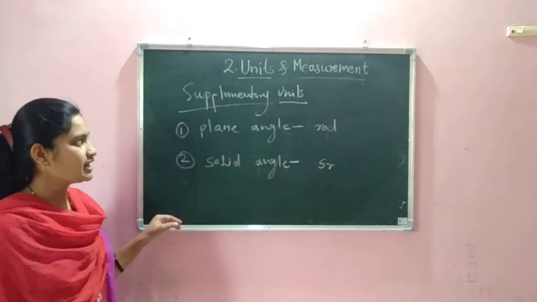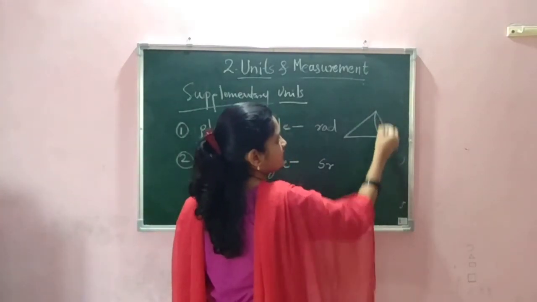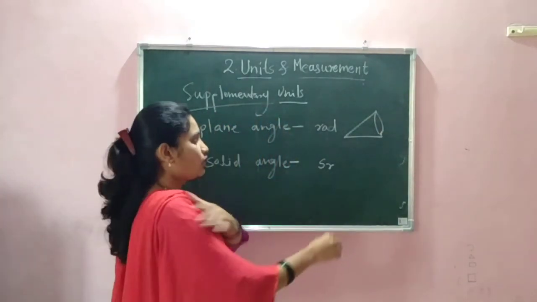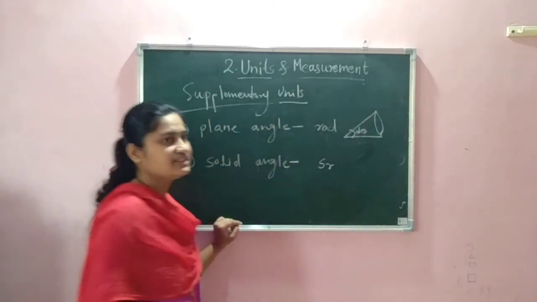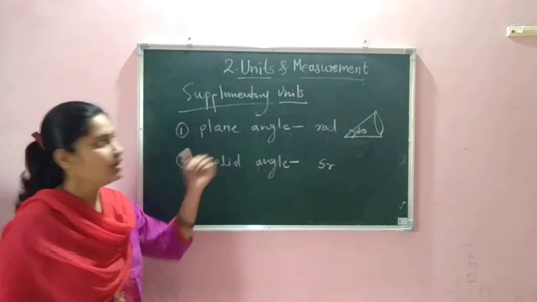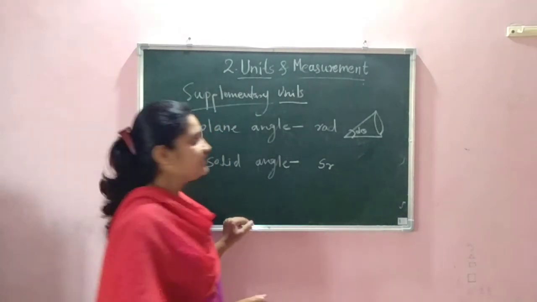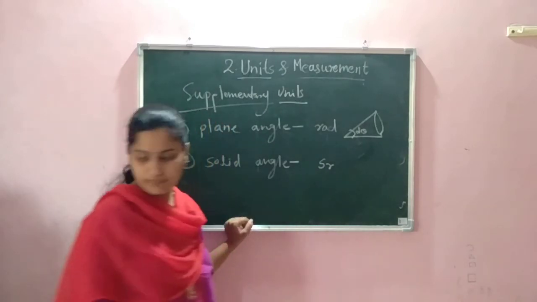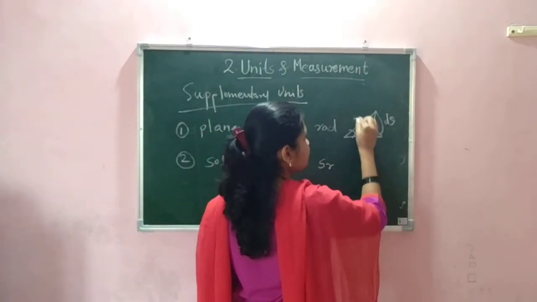Let us understand plane angle. Here we take a two-dimensional picture. This angle is known as d theta, and d theta is nothing but the plane angle. What is its formula? ds is the length of the arc, and this is your radius.